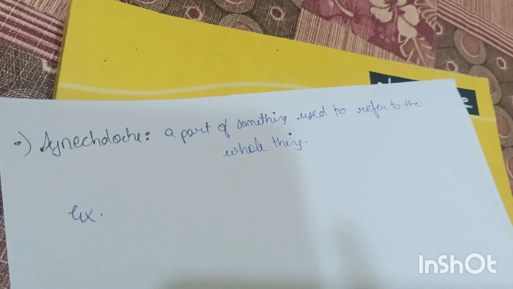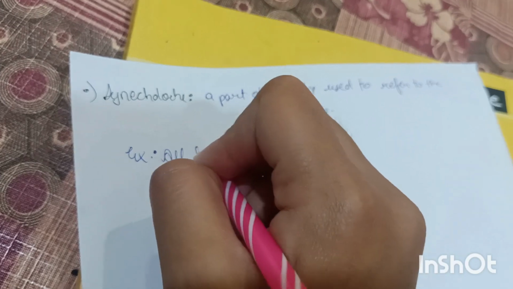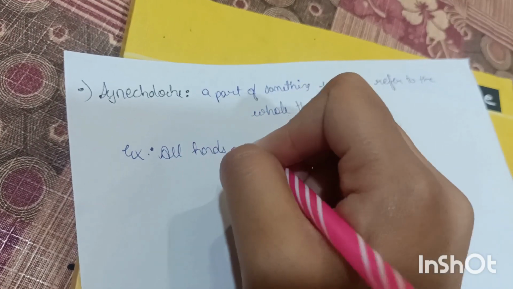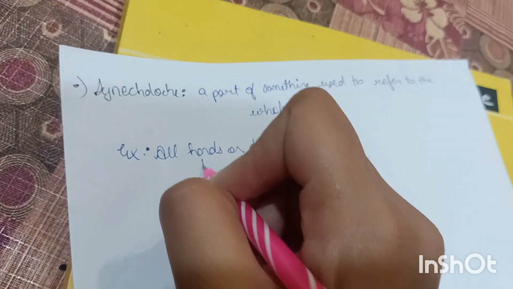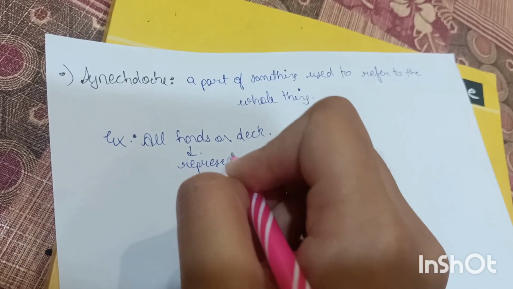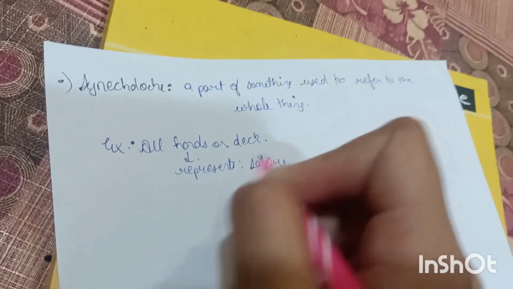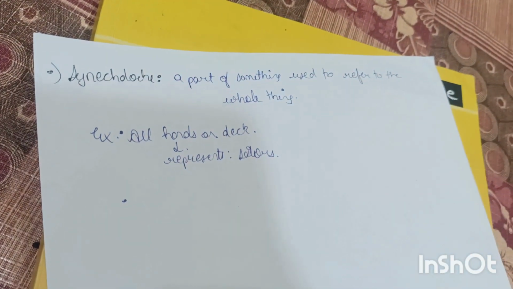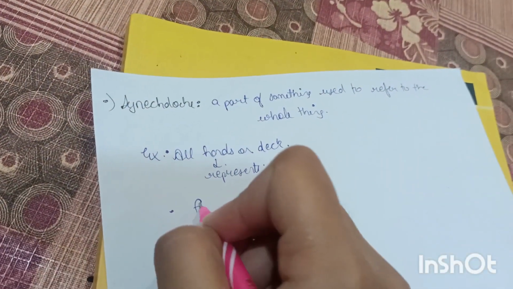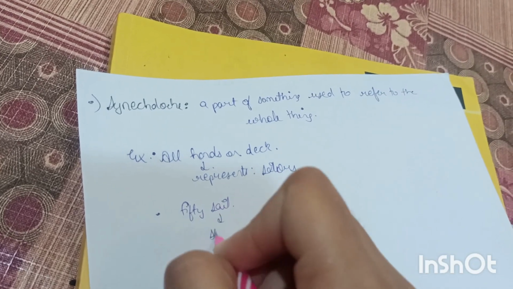Okay, so now let's see the example in this. All hands on deck. Okay, so you can see that over here hand represents sailors. Okay, so let's see one more example in this. Fifty sail. Okay, so over here sail means ship.